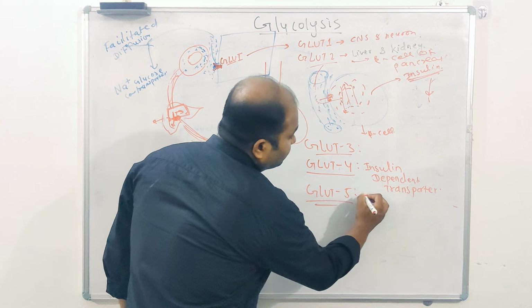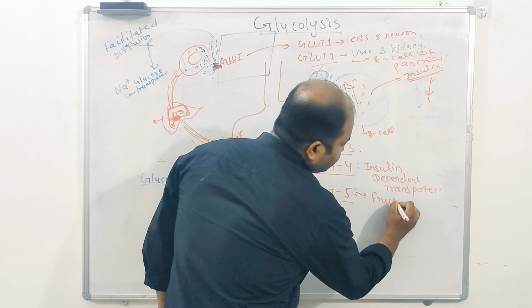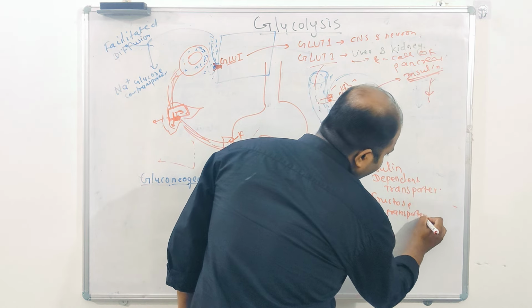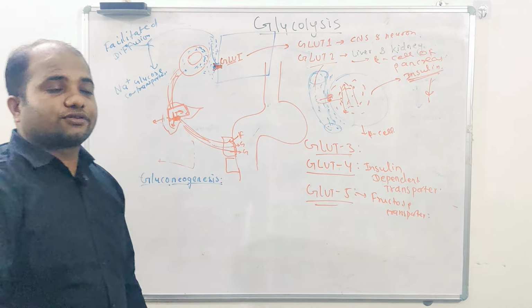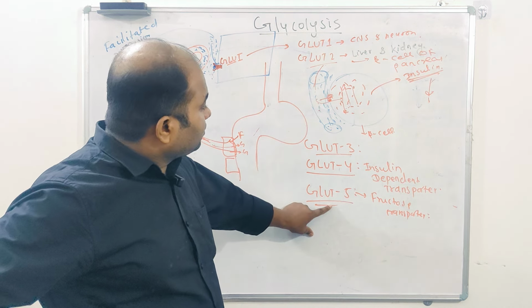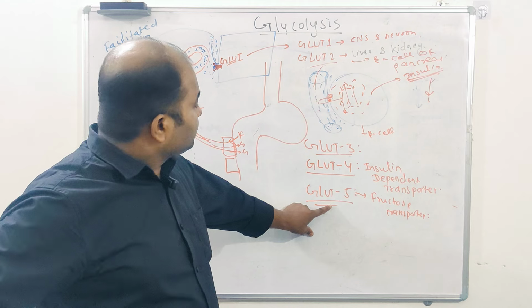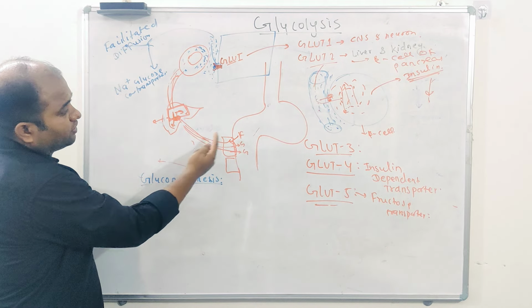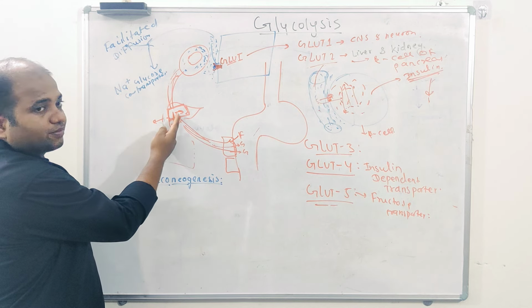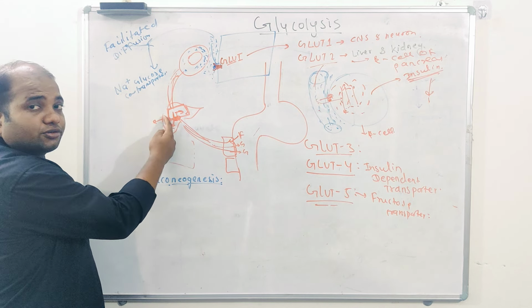GLUT5 is a fructose transporter. As I told, fructose is absorbed from here. Once fructose is absorbed and reaches the hepatic system, most of the fructose will convert into glucose.